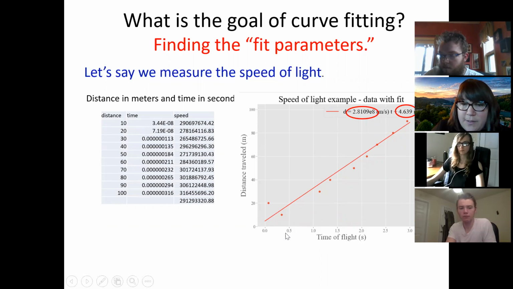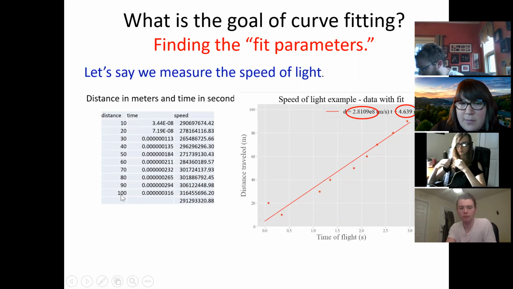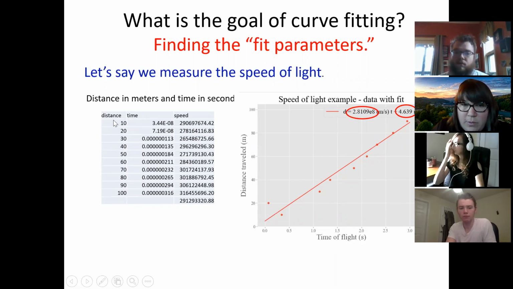So we did put the time of flight on purpose along the independent axis here. And we put the distance traveled along the y-axis, the dependent axis, which is kind of backwards from what you might do from looking at the table here. Usually we take the thing that we vary with control and put that as our independent variable. Normally we would have an instinct to put this on our x-axis.